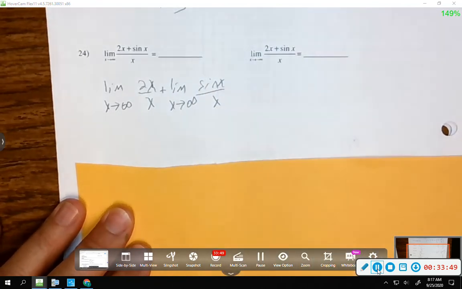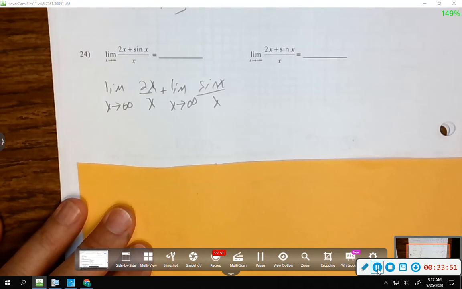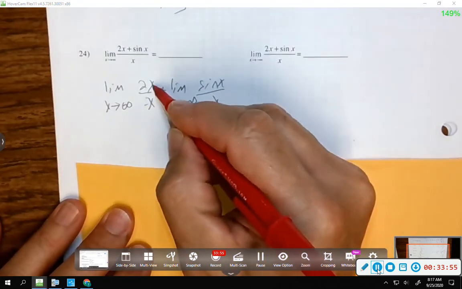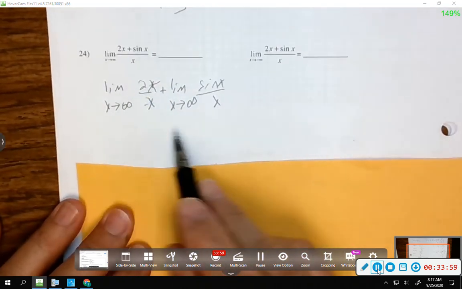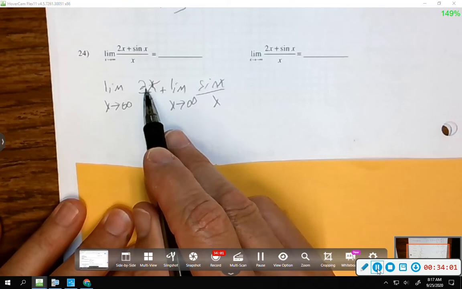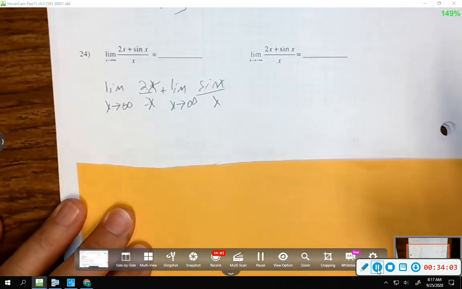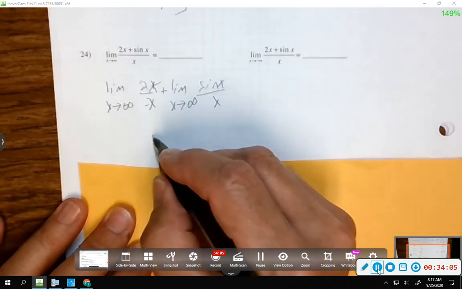I'm just looking at it as two separate limits. This cancels. The limit as x approaches infinity of a horizontal line equals that value. That's 2. The limit as x approaches plus or minus infinity of a constant is just the constant.